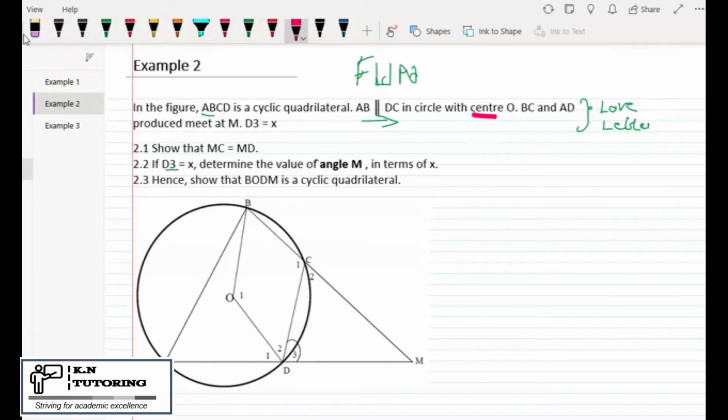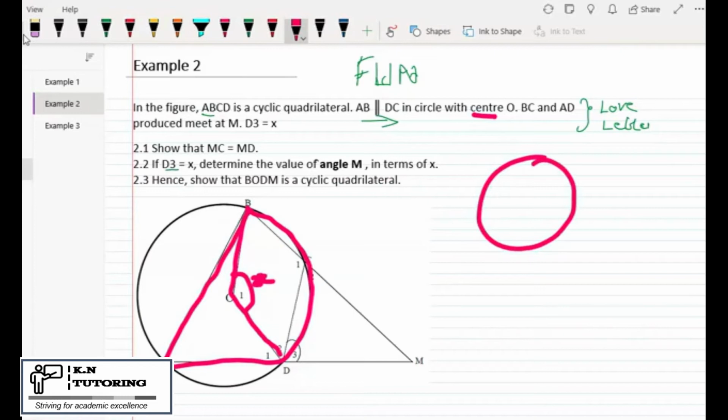But if you look at this arc, BD, it subtends an angle at the center, which is 2 times the angle at the circumference. So remember this.